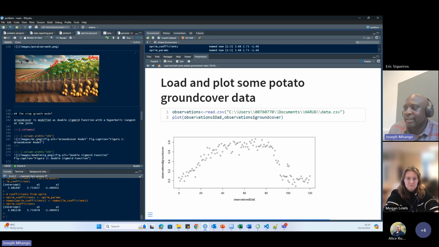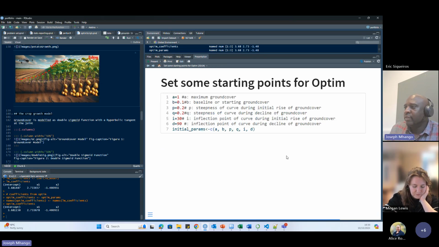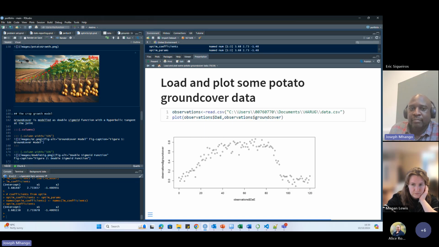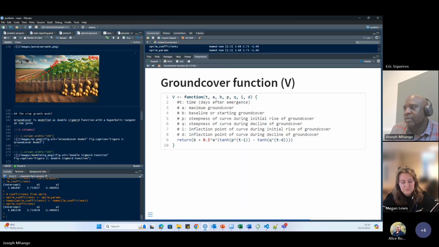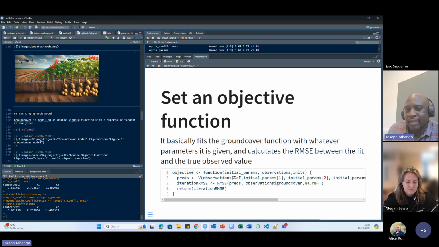So their goal is, can you fit a line here and tell me how fast my potatoes grew, how fast they died, when did they reach ground cover 100%, stuff like that. So I already have my model, the one I want, and I already have the objective function that I'm trying to fit.